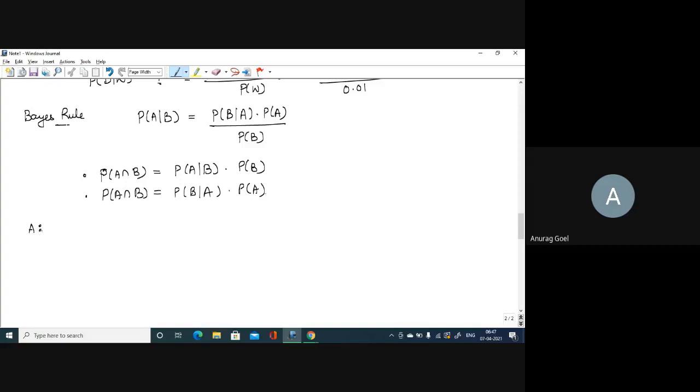Event A says that the patient has COVID infection, okay, and event B says that the patient, when we are saying patient, we are referring to a specific patient, has loss of smell and taste.